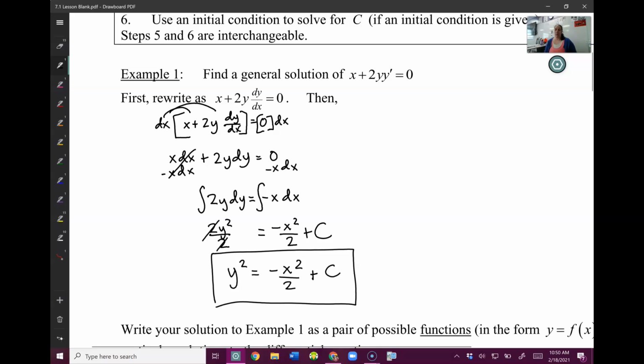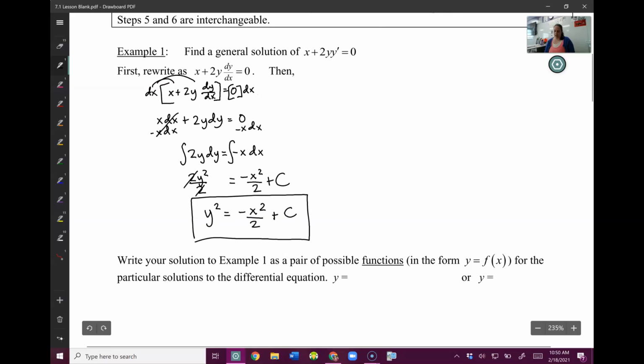Now, be careful about one thing, and we can see that in this next thing. It says, write your solution to example 1 as a pair of possible functions. This is a key word you're going to want to look out for in this kind of problem, because this equation right here is not a function, meaning if you graphed it, it doesn't pass the vertical line test.